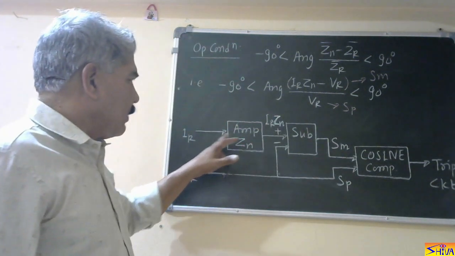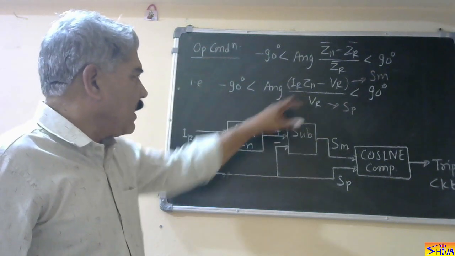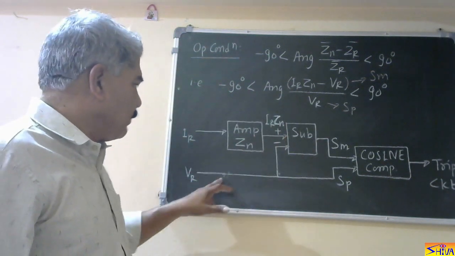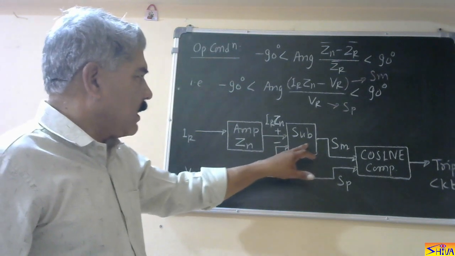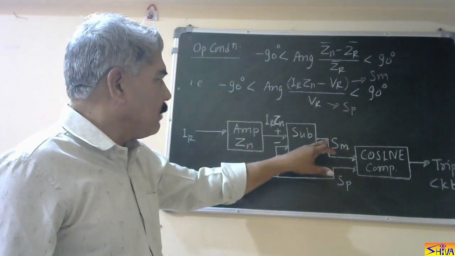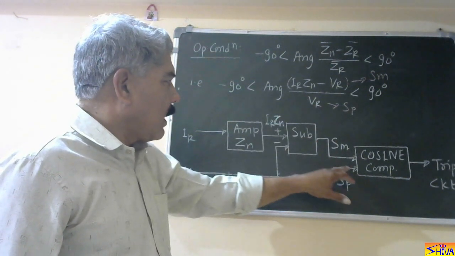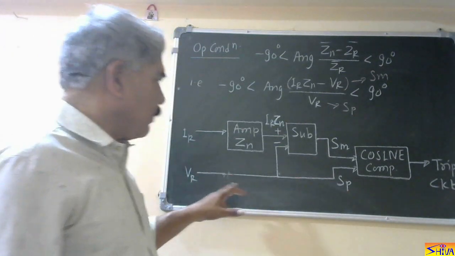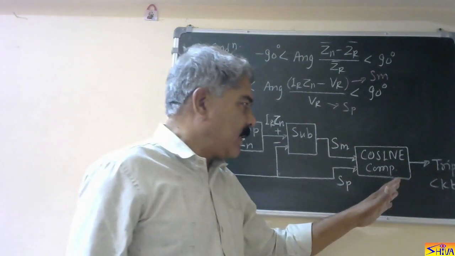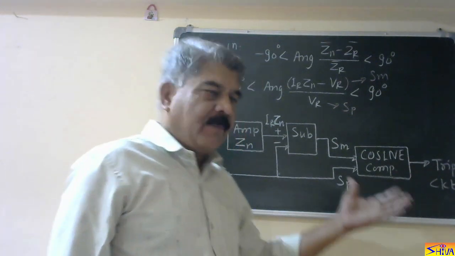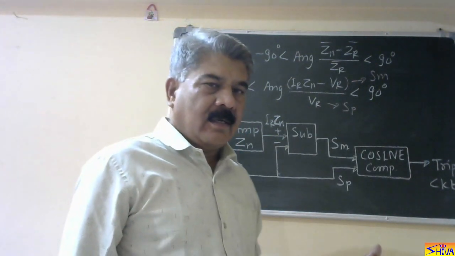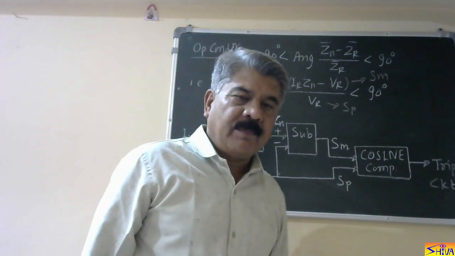IR goes to an amplifier with gain Zn, so here we are getting IR Zn. Then a subtractor with VR, so Sm will be IR Zn minus VR, and Sp is equal to VR. We give these to the cosine comparator. The output will be high when this condition is satisfied, and the output will go to the trip circuit.